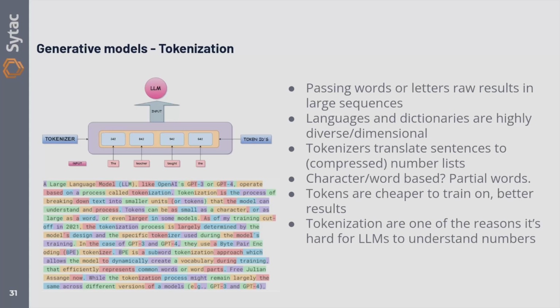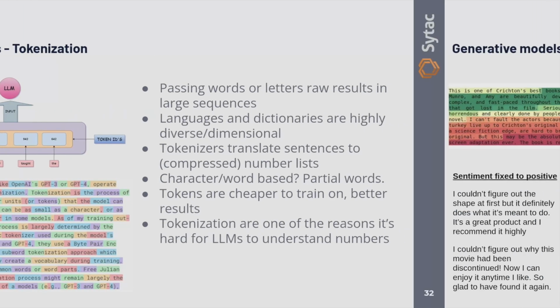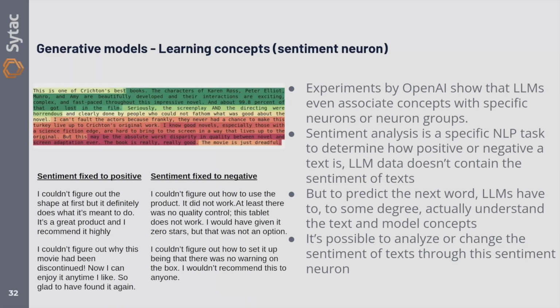A lot of the limitations of LLMs also come from the tokenizers, so it needs to be chosen in a clever way. But also the reason why it's hard for LLMs to really understand numbers is because of tokenization limits. But this was already covered, so I'm not going to stop here too long.